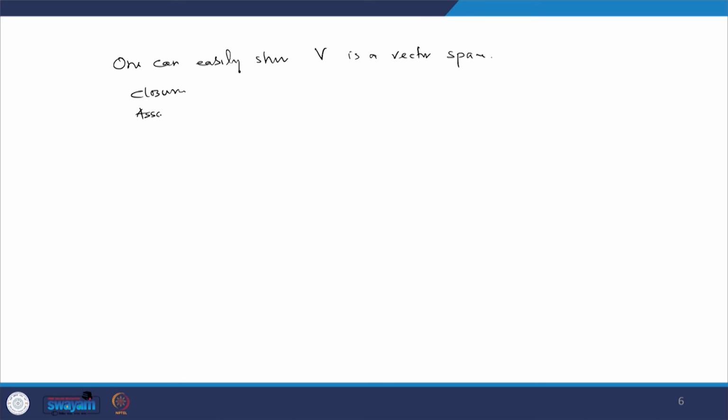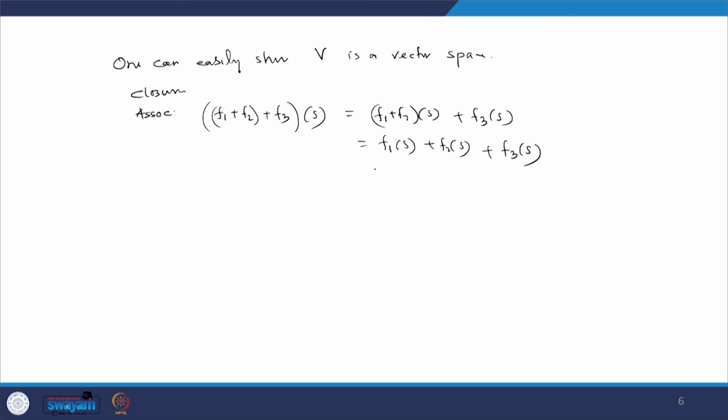Associative property, how to check? For f1, f2, f3 belonging to capital V, one can say that f1 plus f2 plus f3 of s is equal to f1 plus f2 of s plus f3 of s, and this is equal to f1 of s plus f2 of s plus f3 of s, because all are over the real line. So, this is f1 of s plus f2 plus f3 of s.